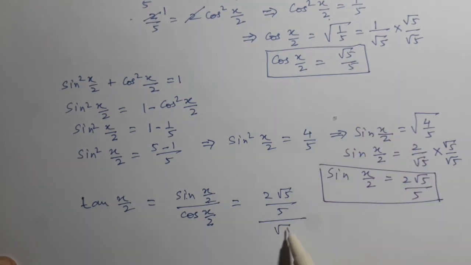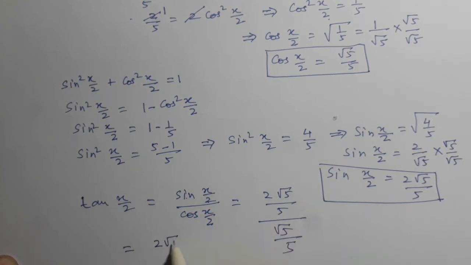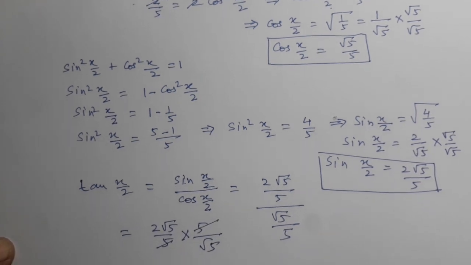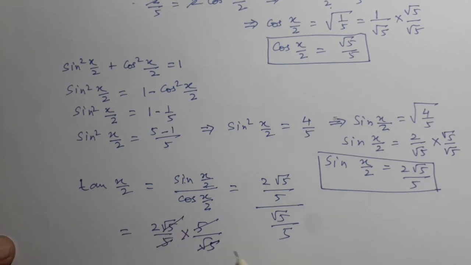So root 5 by 5. On simplification, it will be 2 root 5 by 5, and this will be reciprocal. So 5 by root 5. This 5 and this 5 will be cancelled. This root 5 will be cancelled. So it will be 2.